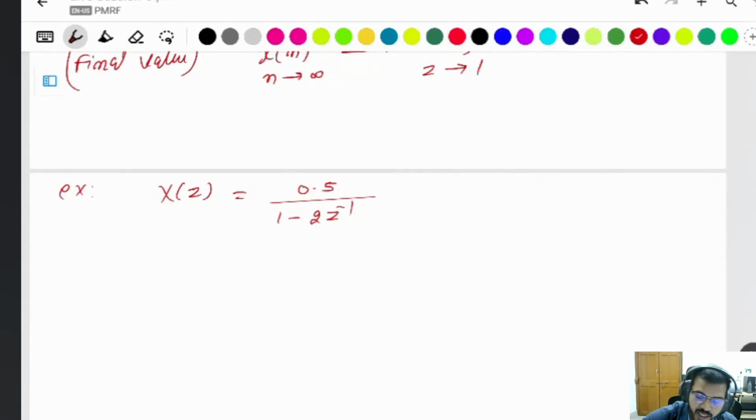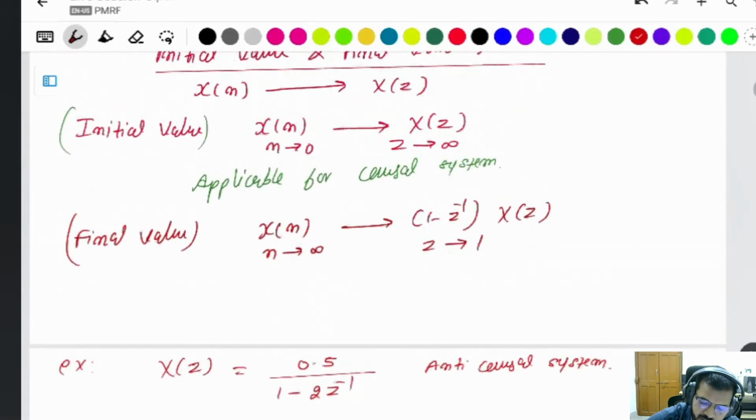Suppose the system is given as an anti-causal system. If you put z equal to infinity directly here, then we will find a value. But the system is given as anti-causal, so how can you justify this one?